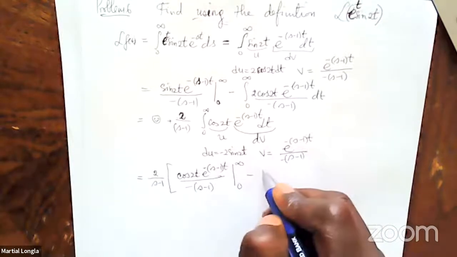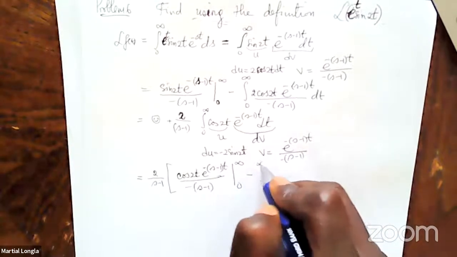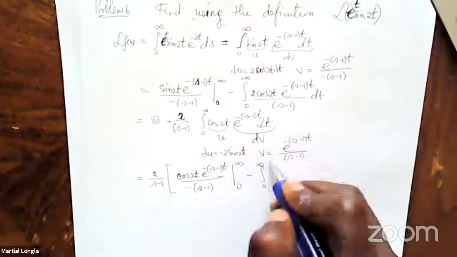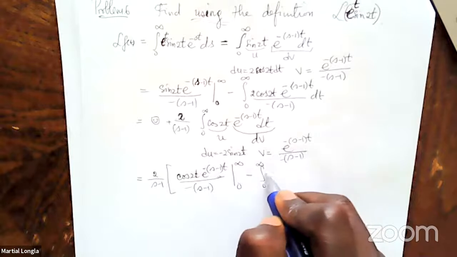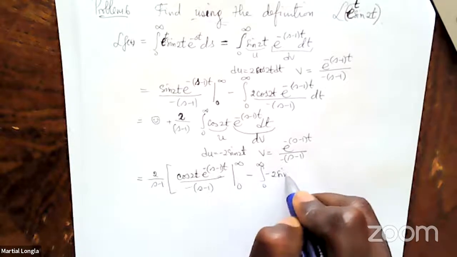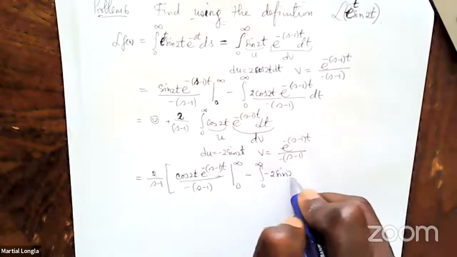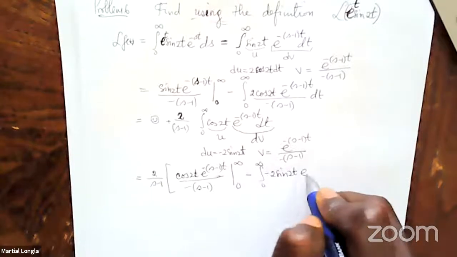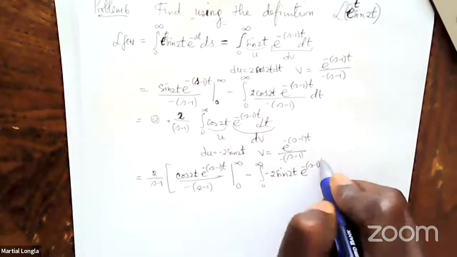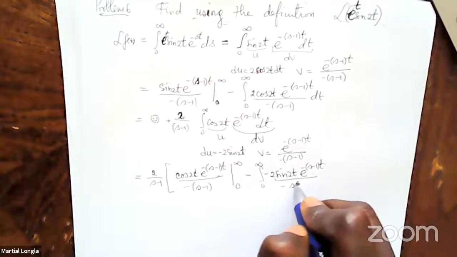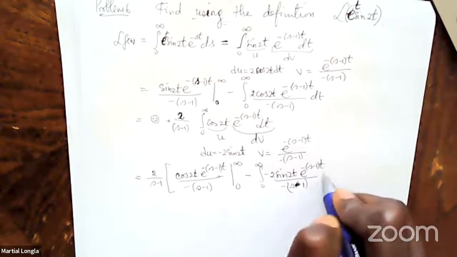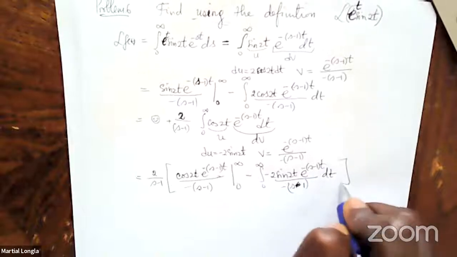minus the integral 0 to infinity, that's minus 2 sine 2t e to negative s minus 1 t over negative s minus 1 dt.